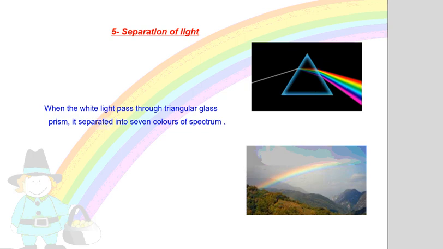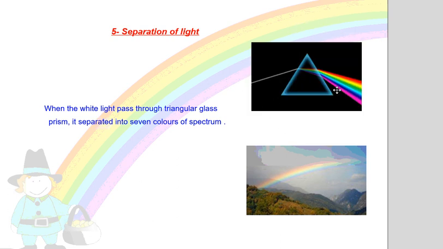The fifth property of light is separation of light. What's the meaning? The light is separated? Yes. White light, like sunlight, can be separated into 7 colors. How? If you bring a triangular glass prism and pass a white light through it, it's separated into 7 colors.